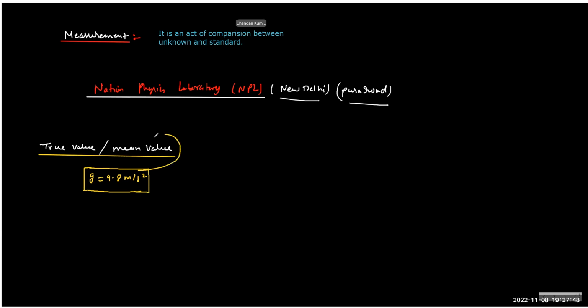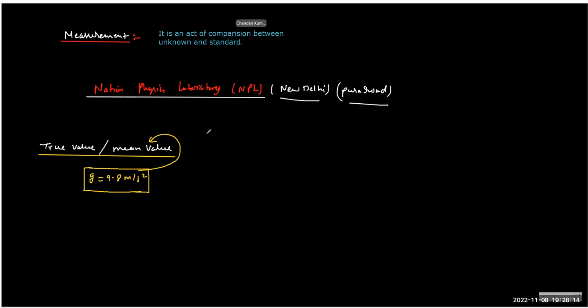So he did the mean value calculation. He performed an experiment sufficiently large number of times in a very controlled environment. And when he performed the experiment a large number of times, he got values which were oscillating.